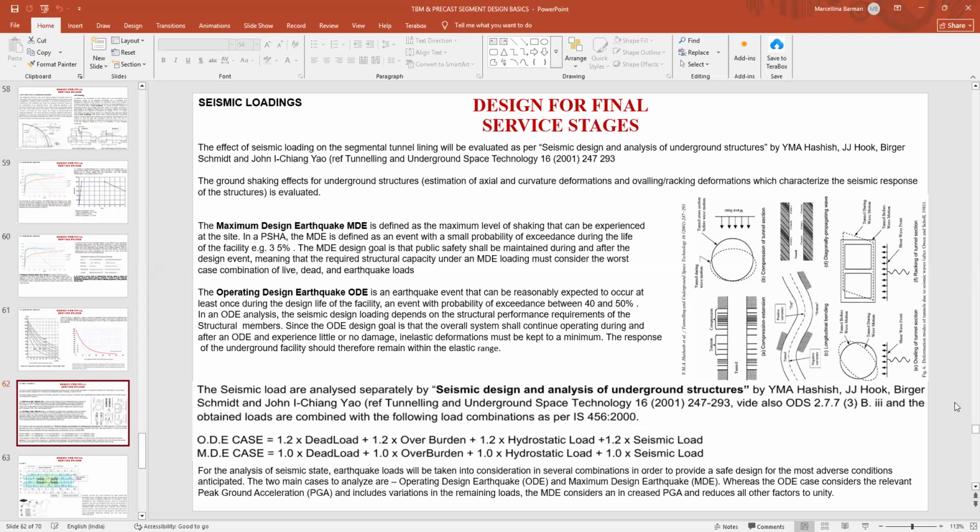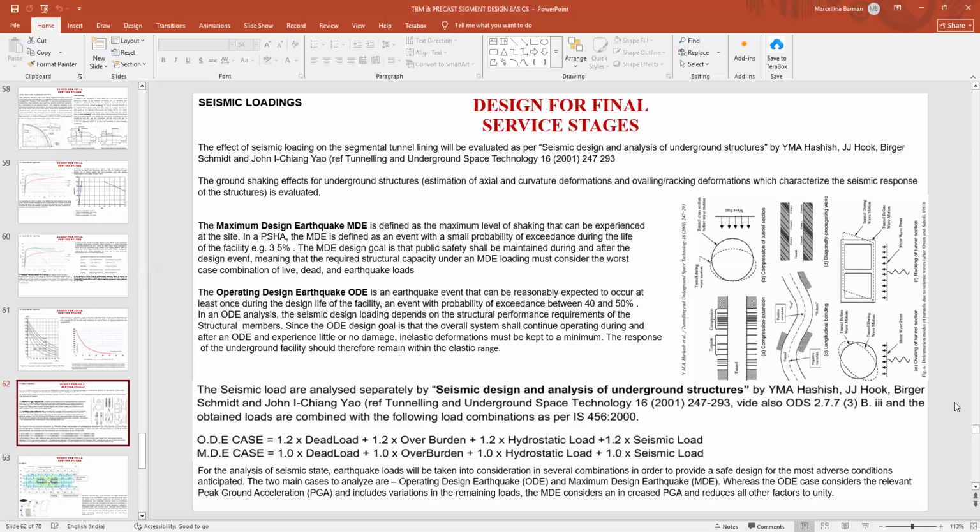So the ground stiffness, the shear wave velocity, there are lots of factors. Previously our seismic design was based on the seismic coefficient, but nowadays we are taking into account the axial and curvature deformation as well as the ovaling and racking deformation. So we are taking into account the seismic response of the ground. So you need to do a very detailed seismic analysis.